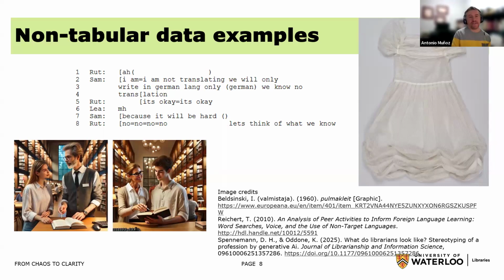On the bottom left of your screen, you will see some pictures. They were generated by AI in answer to the research question, what do librarians look like? And so this is a couple of images that were generated by AI to answer that research question. And again, when we start thinking about non-tabular data, sometimes we also have to think whether that non-tabular data eventually has to interact with tabular data.